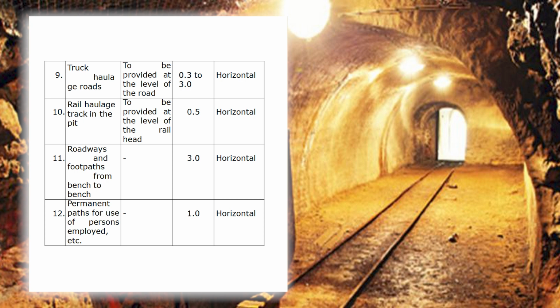Next, roadways and footpaths from bench to bench, lux should be 3.0, level and plane is horizontal. Permanent path for use of persons employed, etc., lux should be 1.0 and level and plane should be horizontal.